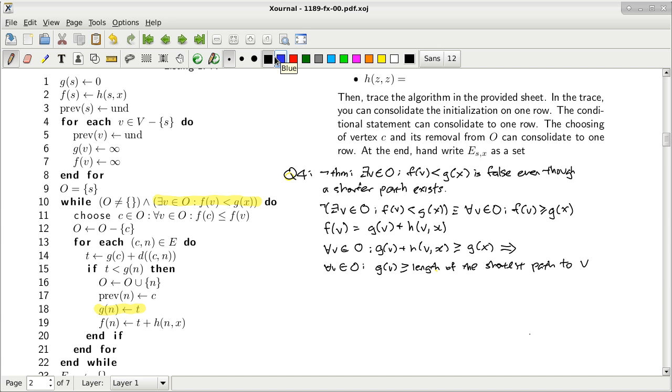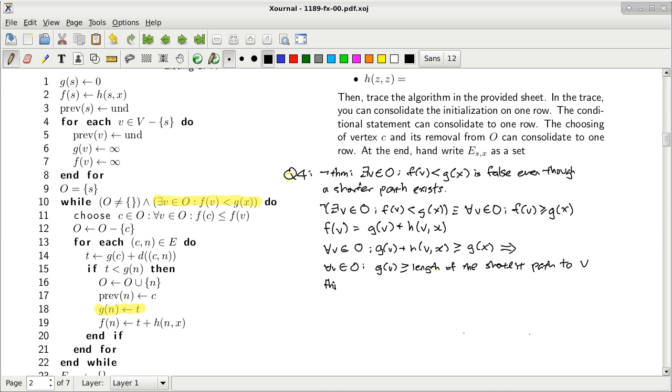All the updates of the g values cannot be less than the minimum of all the current g values. Okay, there we go. And because of that, we know that the g values cannot be any smaller. In other words, we cannot find a shorter path anymore.